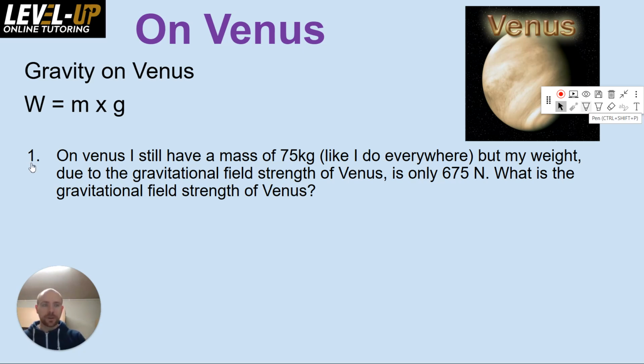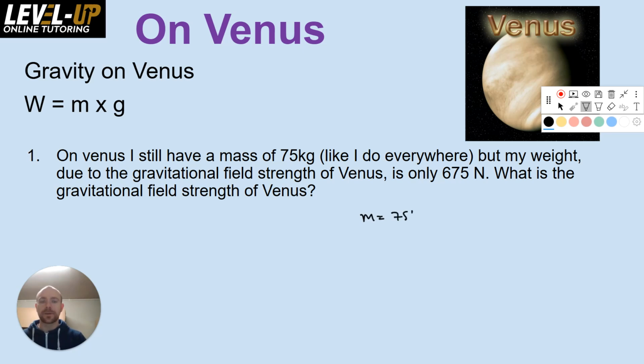Well, it's back to being a fairly straightforward one. We can substitute the information in and find out what our g value is. So we know that m is 75 kilograms. We know that our weight is 675 newtons. We want to know our g, so we're just going to substitute in again. 675 newtons is our weight, equals 75 is our mass, times g.